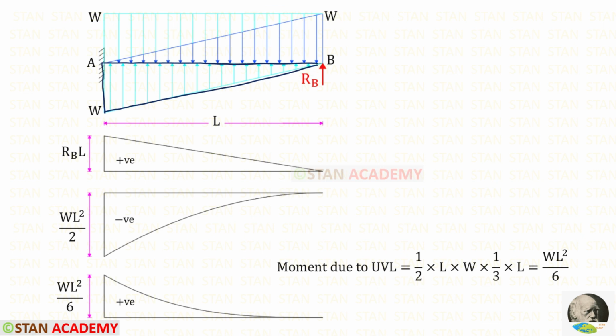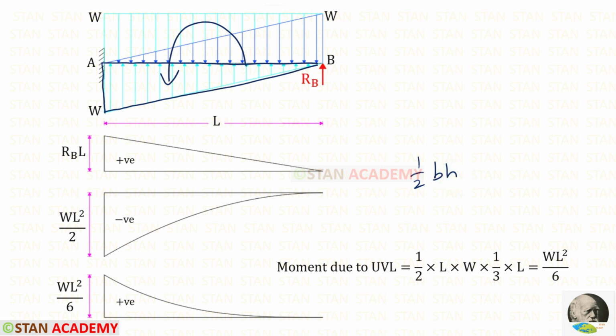Now let us take this uniformly varying load. It is acting in the anti-clockwise direction, so it will be positive. In the case of UVL, we have to multiply the area with the centroid distance. We know that it is a triangle. The area formula of a triangle is half into BH.